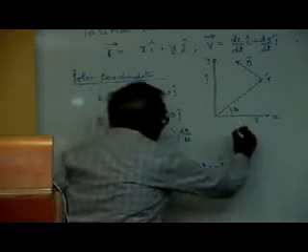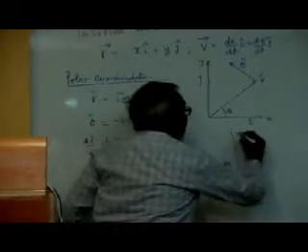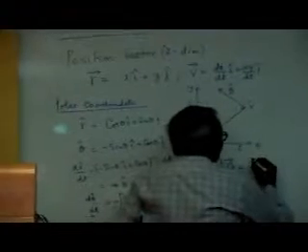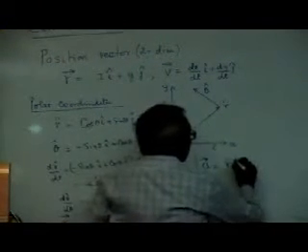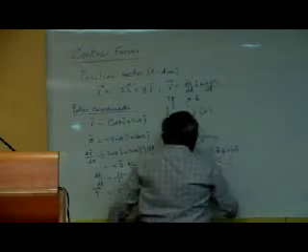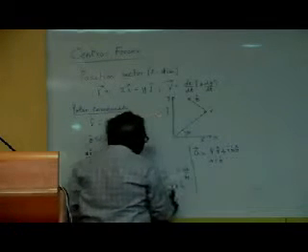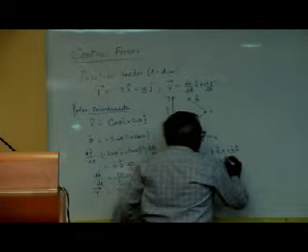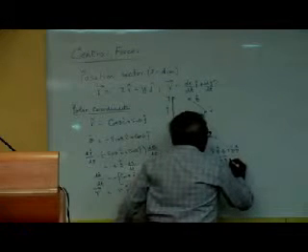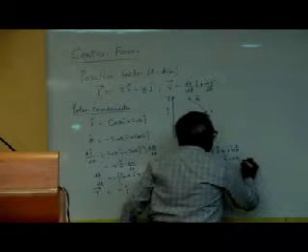So v would be r dot r cap plus r theta dot theta cap. And a, the acceleration, I have to differentiate this now. I would get r double dot r cap plus r dot theta dot theta cap plus r dot theta dot theta cap, I am differentiating this now, plus r theta double dot theta cap.